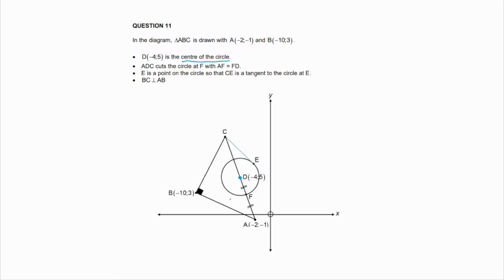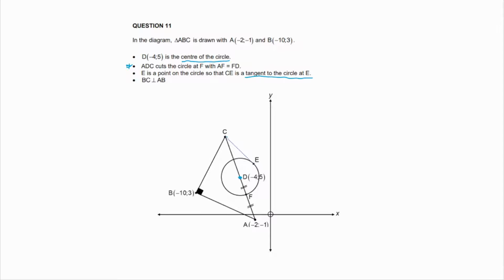And they say ADC cuts the circle at F, with AF, this line over here, being equal to FD. That's probably important information, so let's not forget this. And they say E is a point on the circle, so that CE is a tangent to the circle at E. Very important.